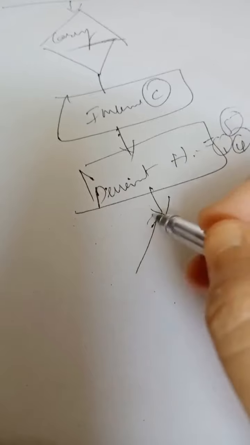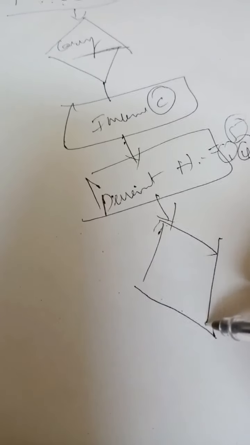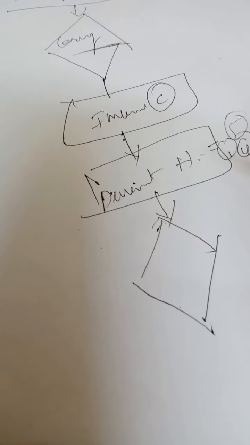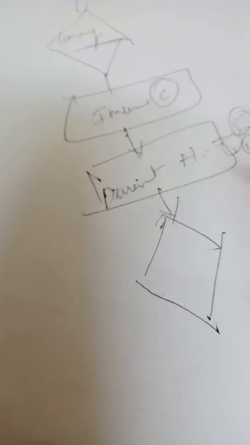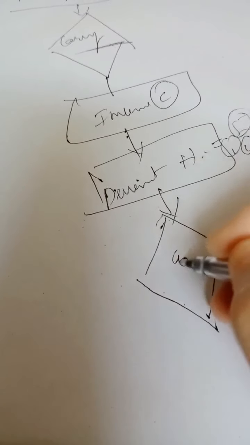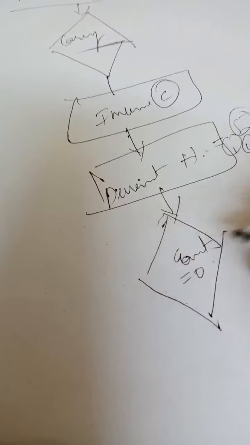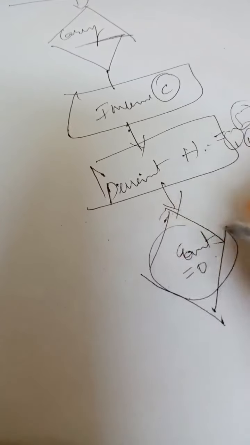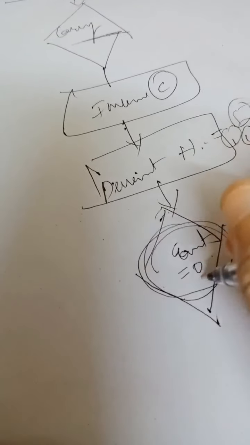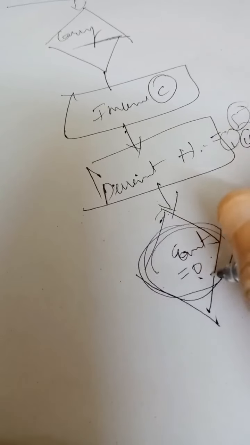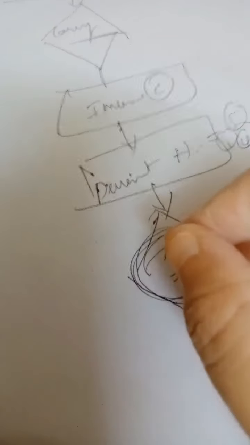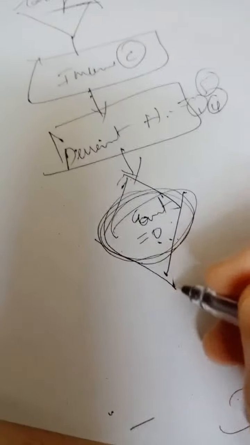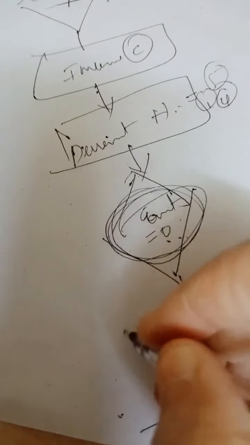After decrementing, count is in H, and it will keep decrementing. Now we will check the count position. Count equals 0 means the count has totally decremented. We will see in this program whether it came to the 0 position or not. If it comes to the 0 position, what do you have to do?